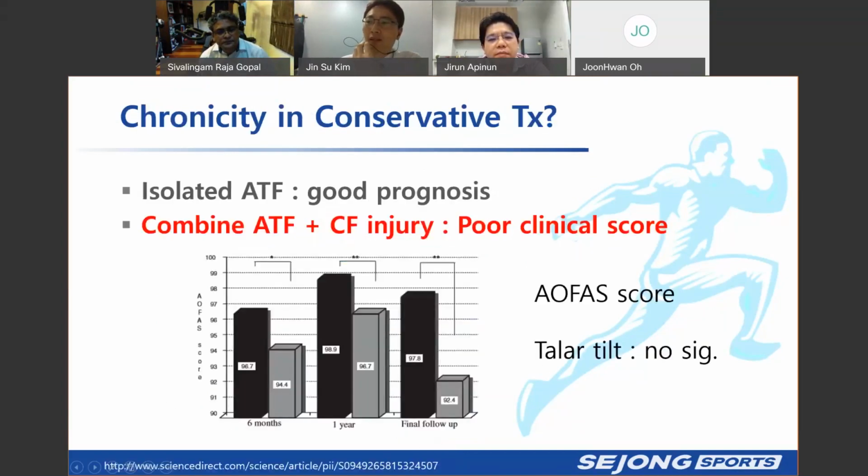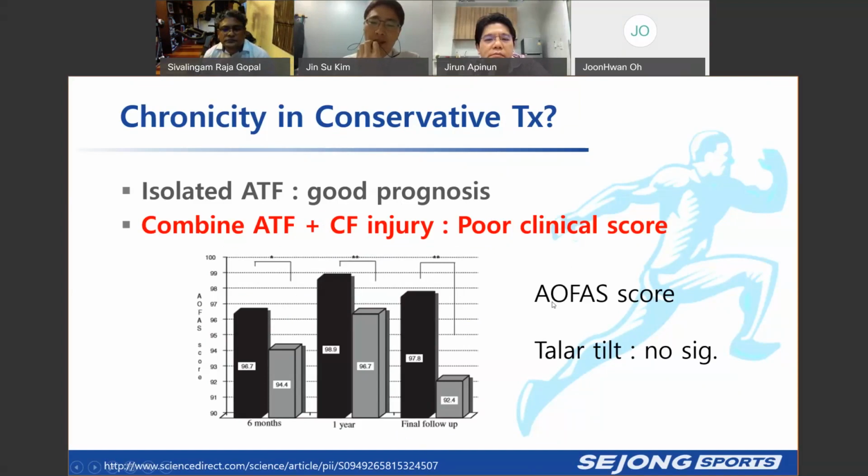And Professor Apinun also told us that today the anatomy is very developed. The isolated ATFL tear, the inferior ATFL-CFL complex tear, or the ATFL and CFL combined tear have different prognosis. An isolated ATFL tear has good prognosis, even though it is completely torn; it can be completely restored.